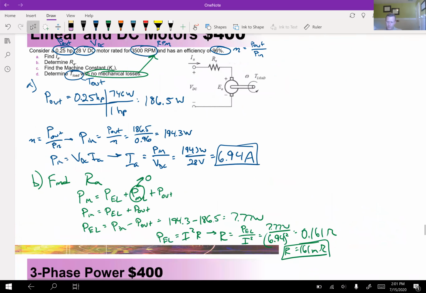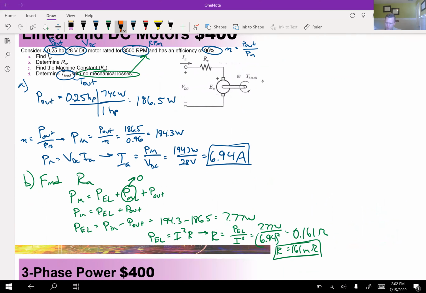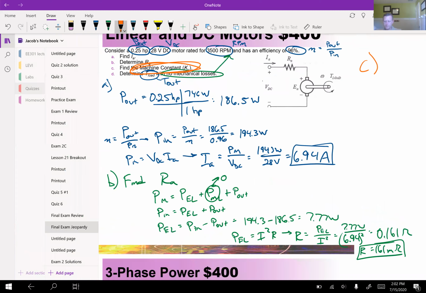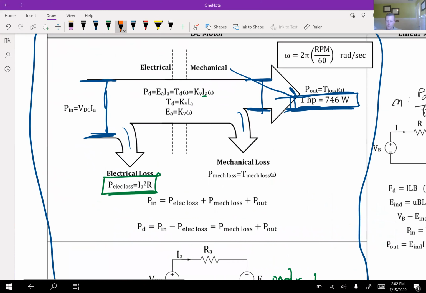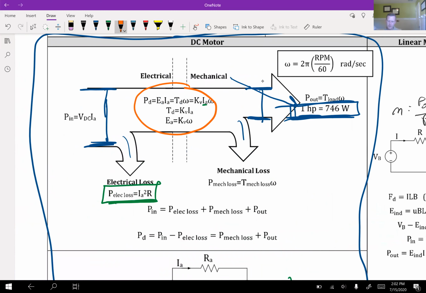Part C says find the machine constant, kV. If we think about this power flow diagram, the machine constant is going to be right here in the middle. All of this is like my machine. I'm having input into my machine, and I have output.